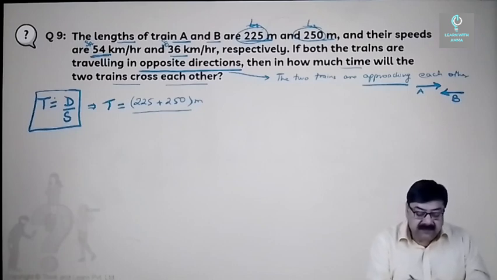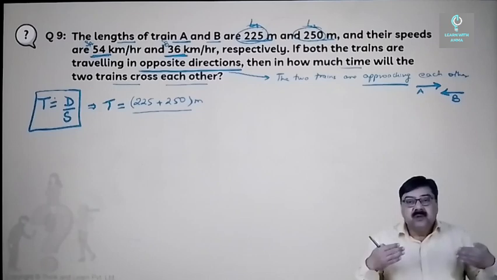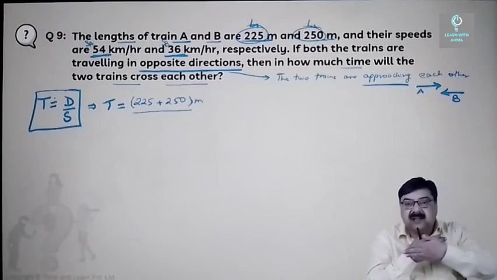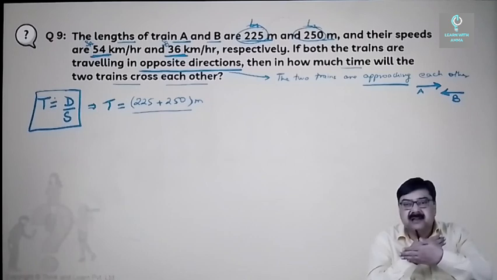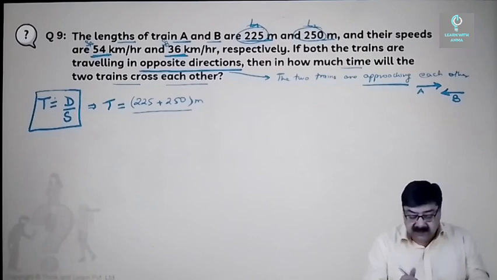Now, 54 and 36, and both are traveling in the opposite direction. So while moving towards each other, A is covering 54 and B is covering 36 kilometers in an hour. So that is their speed. So obviously the speeds will get added up. That would be the net speed. That would be their relative speed.